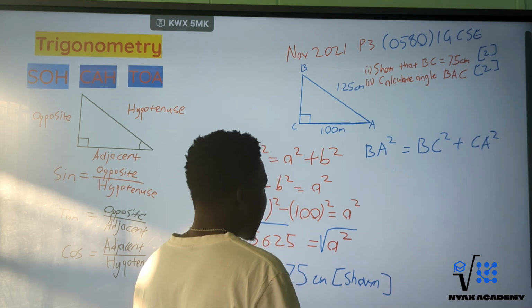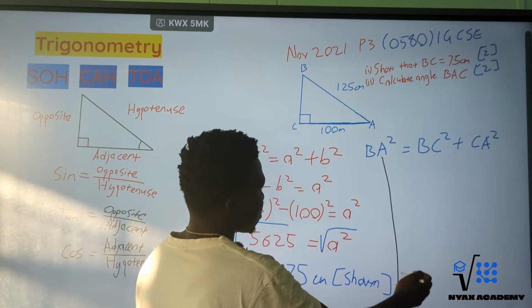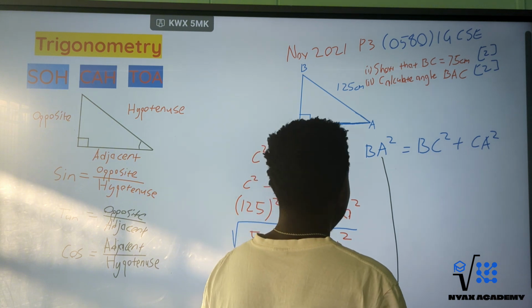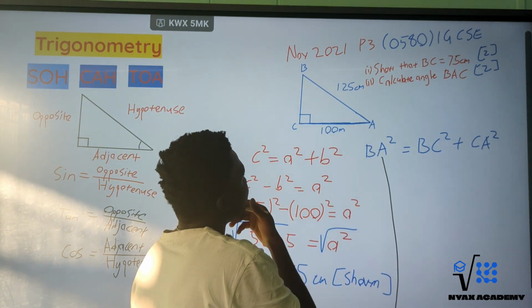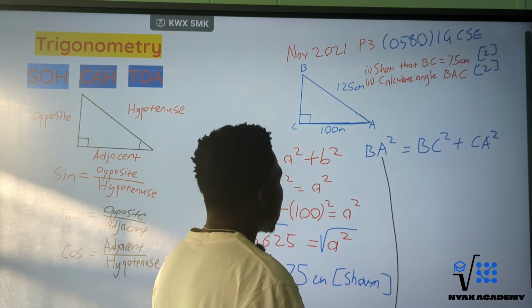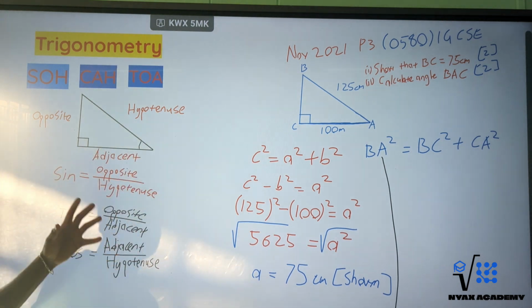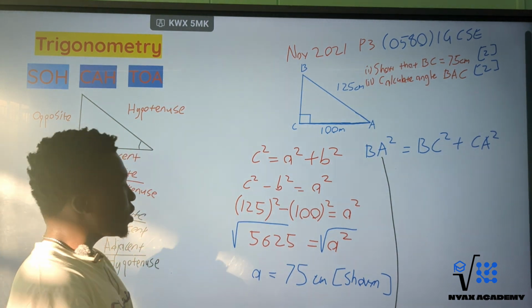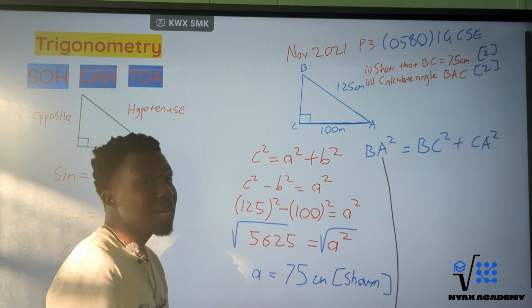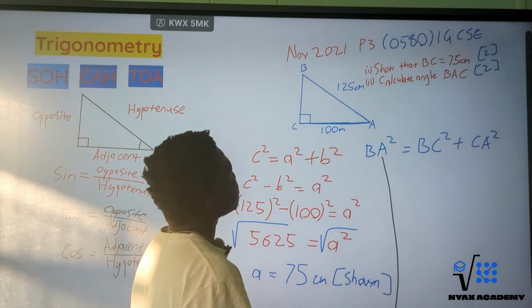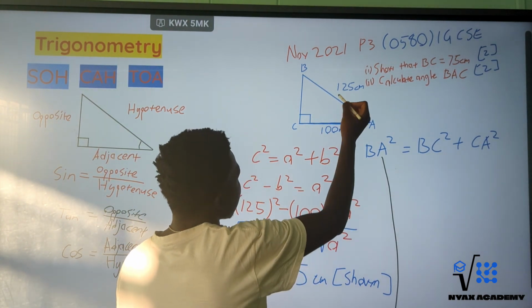So for angle BAC, for this angle, we are now using our ratios. First we identify the sides of our triangle.